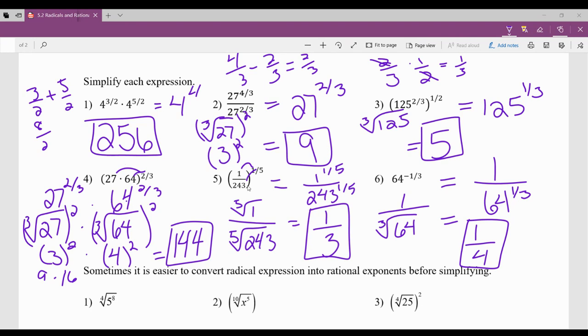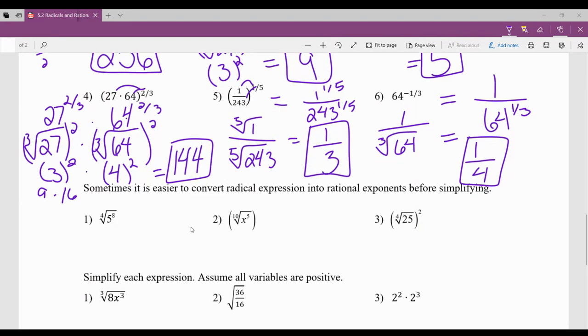All right, so those are our properties being applied. Now we've got this. Sometimes it's easier to convert a radical expression into rational exponents before simplifying. The reason why is if I didn't have a calculator, 5 to the 8th would be kind of annoying to do.